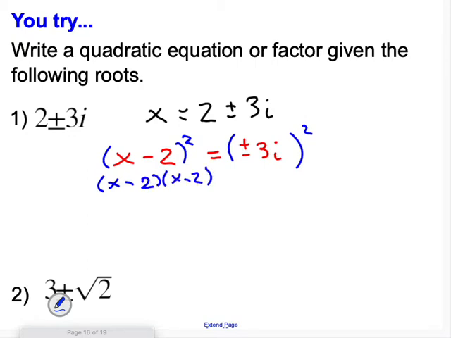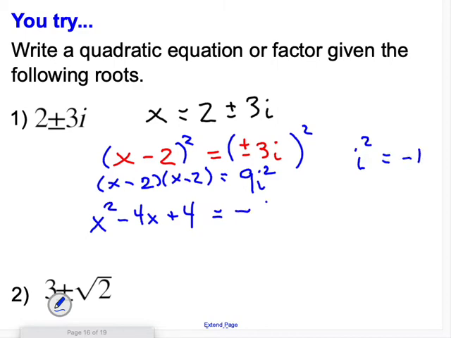So when you do that, you get x squared minus 4x plus 4 on the left side of the equation, and on the right side, that positive and negative 3, when you square it, becomes 9, and i, when you square it, becomes i squared. i squared, remember, is equal to negative 1, therefore that's a negative 9, and we're going to set it equal to 0, so I'm going to add 9 and end up with x squared minus 4x plus 13 equals 0.